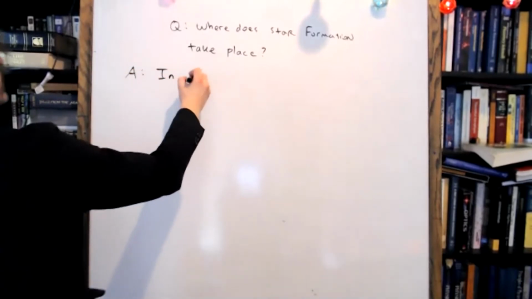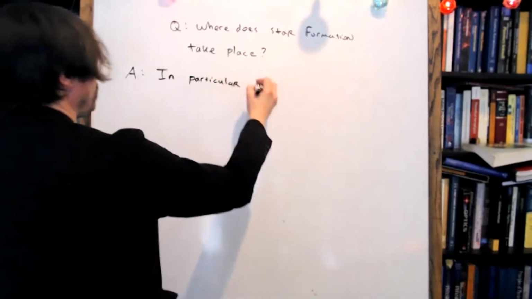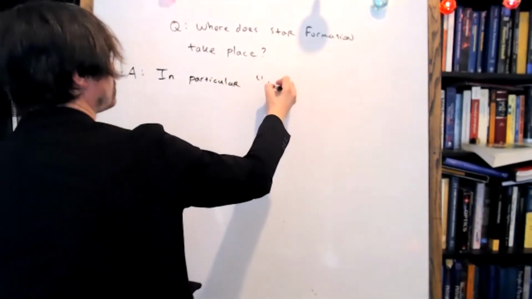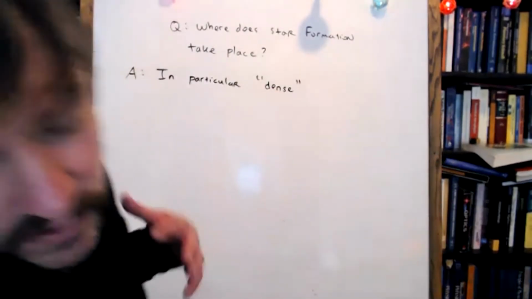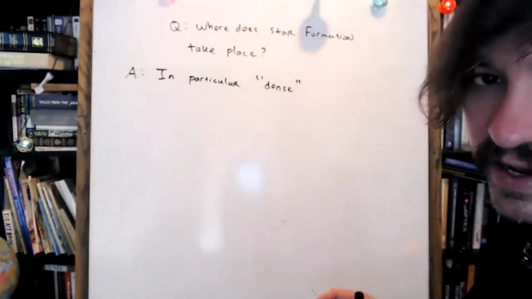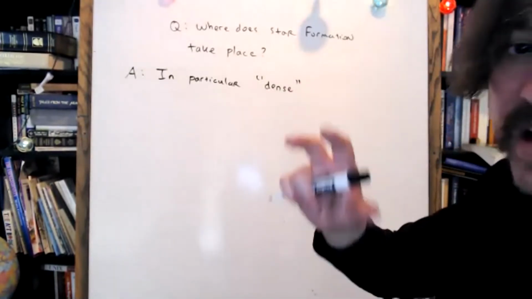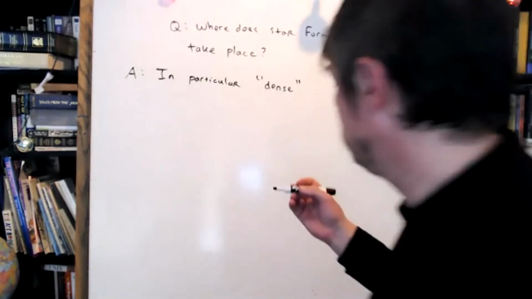It takes place in these very particular, and I'm going to put "dense" in quotation marks, it's dense compared to the rest of the interstellar medium. The interstellar medium has different parts, right? It has atomic gas and molecular gas and ionized gas.